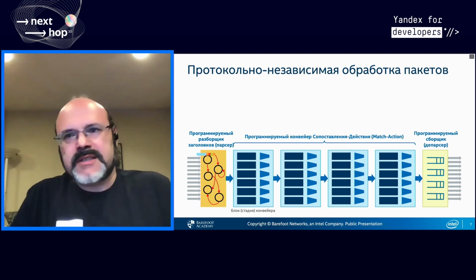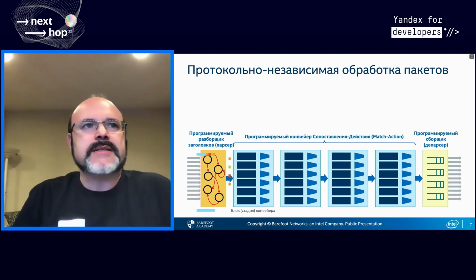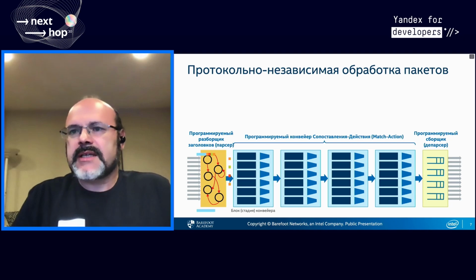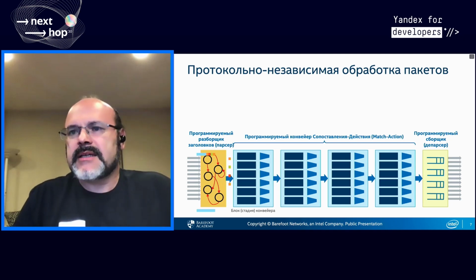When the packet goes to your switch, first it's the disassembler or parser of the packets that starts working with that. So this parser identifies the network headers there. It's a pretty simple machine.